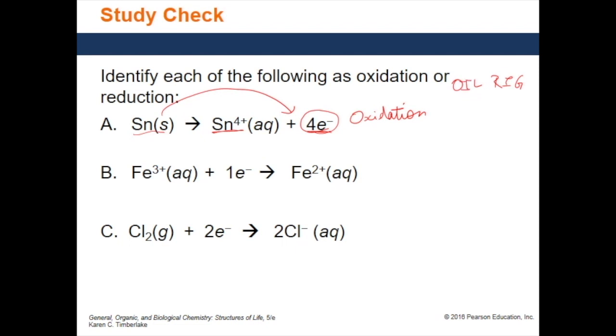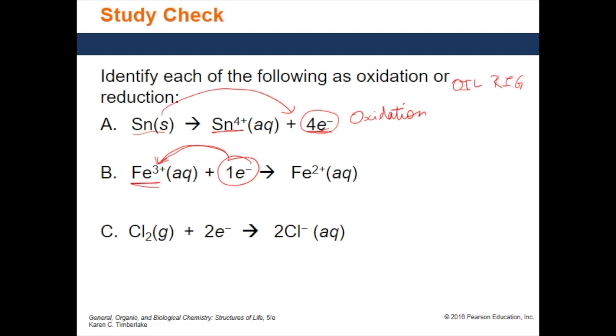Okay. The next reaction that we see is Fe3+ gains 1 electron to change to Fe2+. So here we see Fe3+ is gaining 1 electron. One electron is being added to this. You see this plus sign? It's a reactant. It's being added to Fe3+ and then it changes to Fe2+. So Fe3+ is gaining an electron.